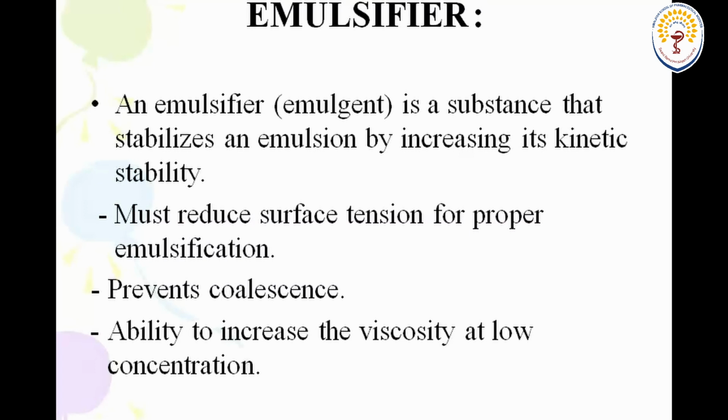Emulsifier is a substance that stabilizes an emulsion by increasing its kinetic stability. The ideal properties of an emulsifier include: must reduce surface tension for proper emulsification, prevent coagulation, get quickly absorbed around the dispersed phase, ability to increase the viscosity at low concentration, and effective at low concentration.